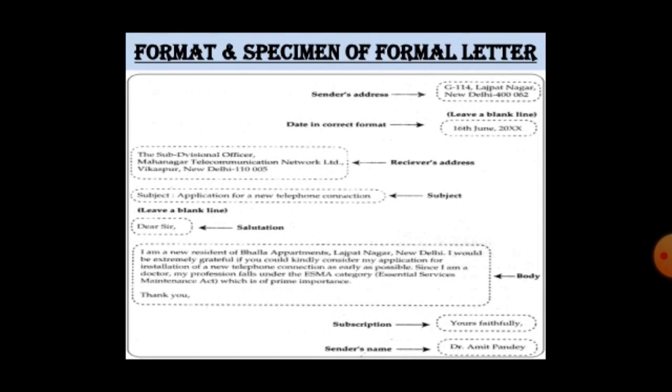Then we leave a space and mention the salutation. Okay, after that we start our body, and first of all we put the opening part of the letter, then we write the body. Then in the end we write the closing lines of the letter.